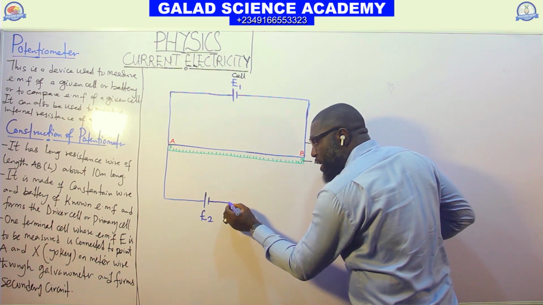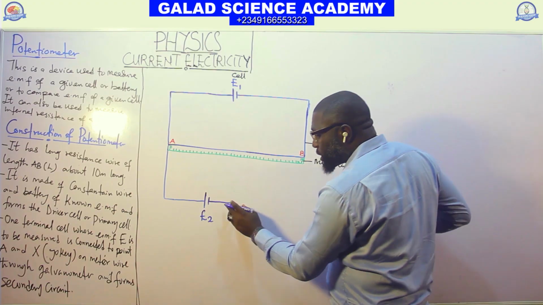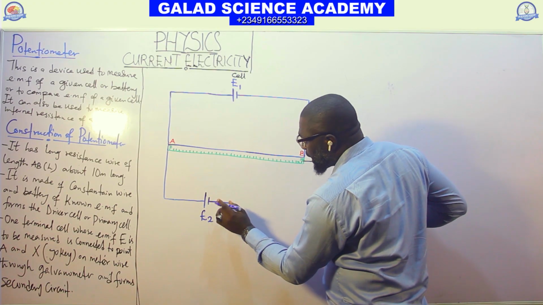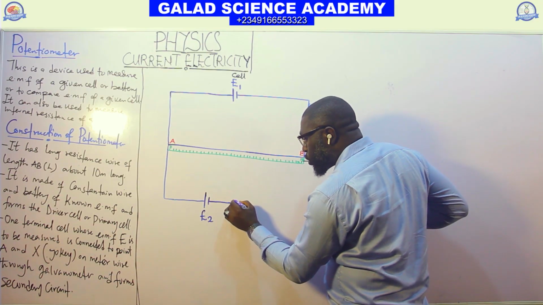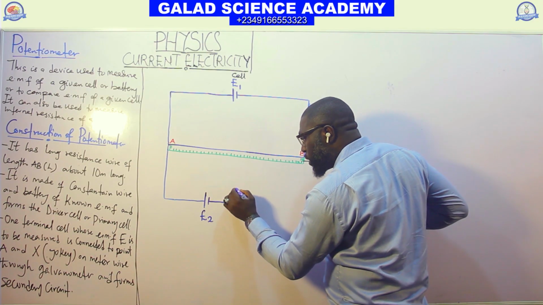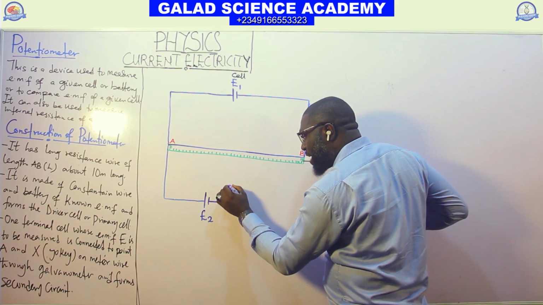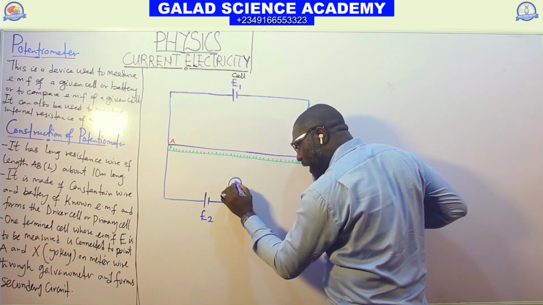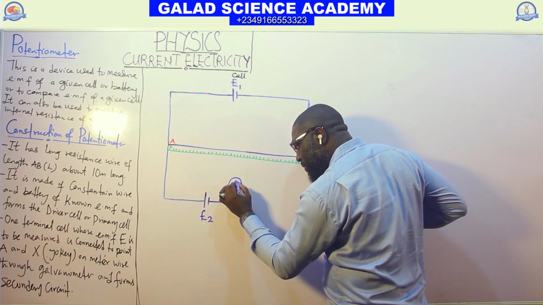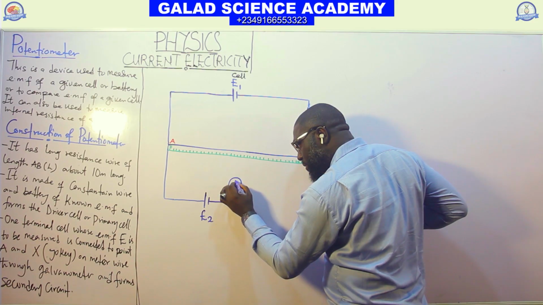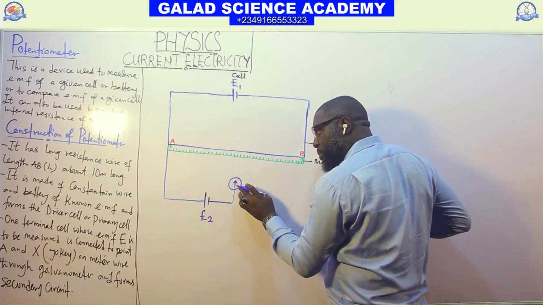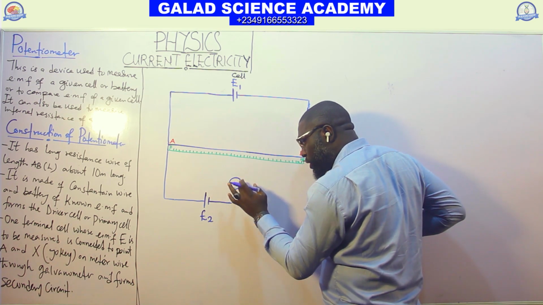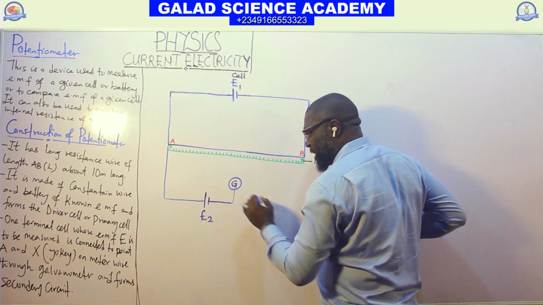Good. So here now, I will connect it with a galvanometer. This is the galvanometer. This symbol represents a galvanometer, but here let me use G to represent it.